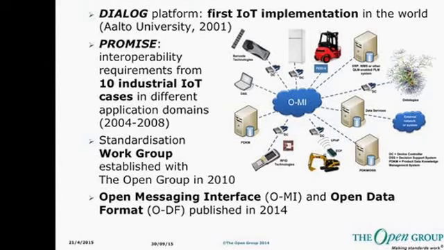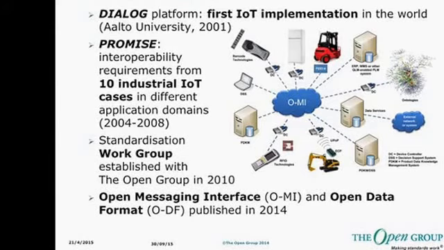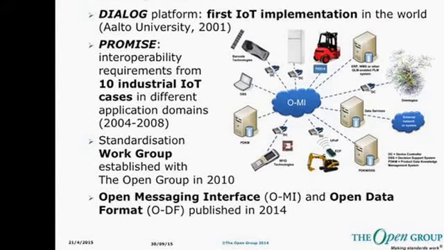It really came from real requirements of real products, real systems of real companies. Definitely. Even this dialogue platform was developed for real industrial requirements for tracking shipments in multi-organizational projects over the world.